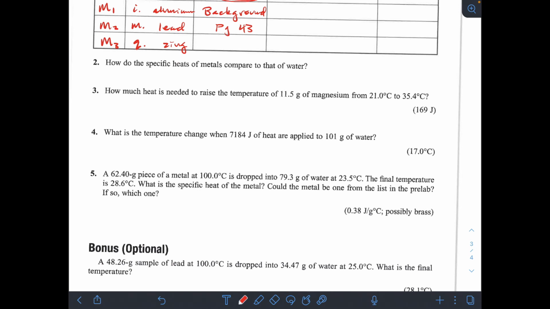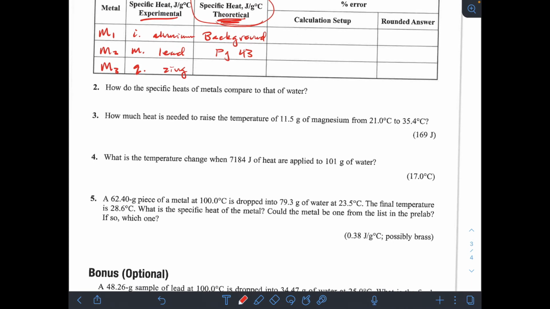Question 3, we're going to ask how much heat is needed to raise the temperature of magnesium. So we're going to do a Q equals ms delta T problem, right? And you're going to use the S, the specific heat of the magnesium, again, from the background, page 43, to solve that problem.